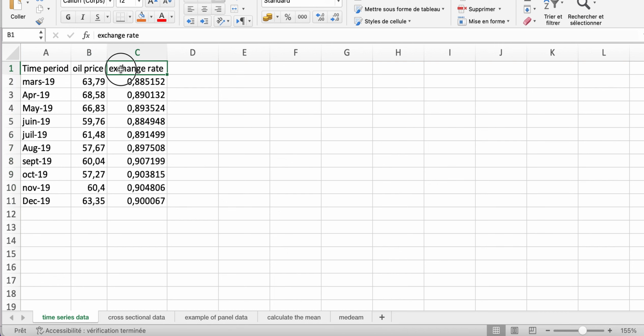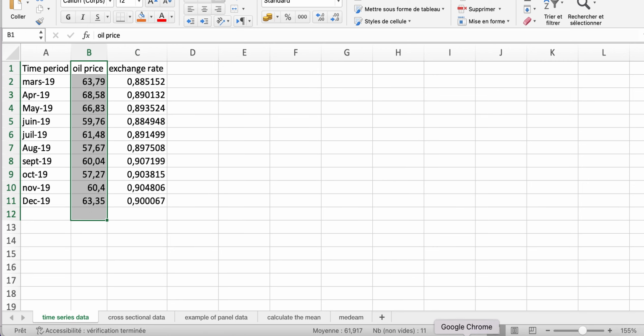The second variable is the exchange rate, the dollar euro exchange rate, its value over the time period from March 2019 to December 2019. Okay, this is a time series, the first one and the second one.